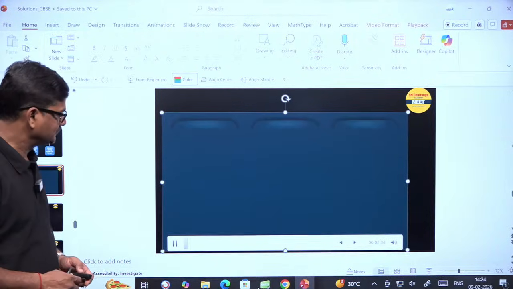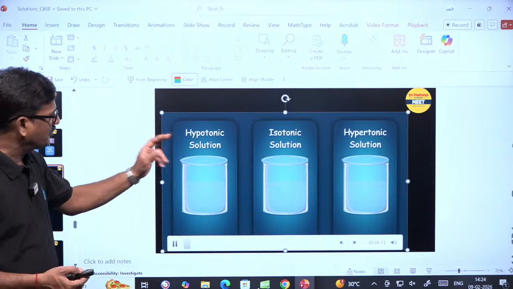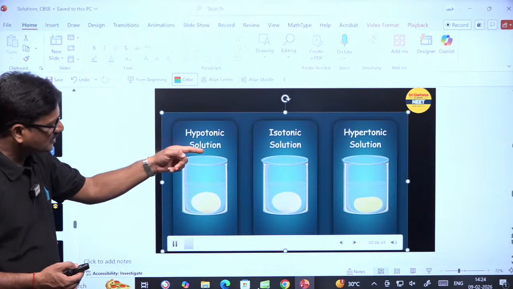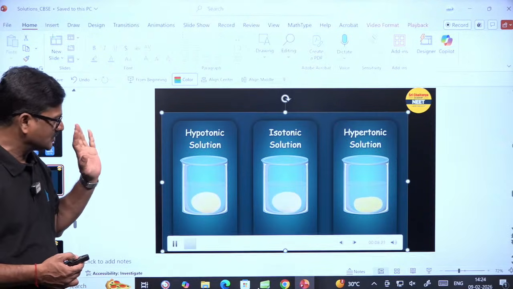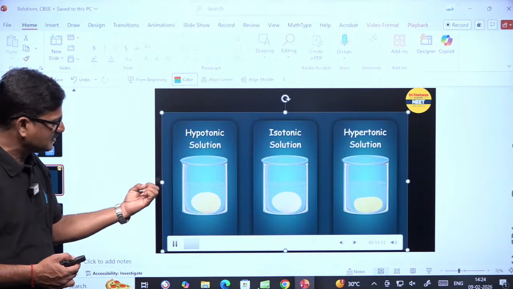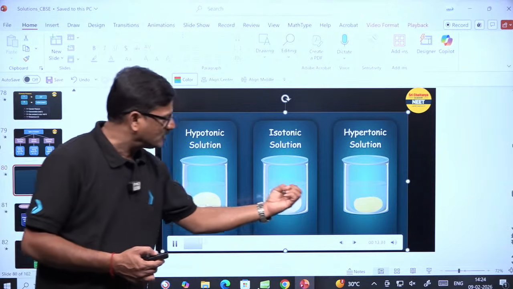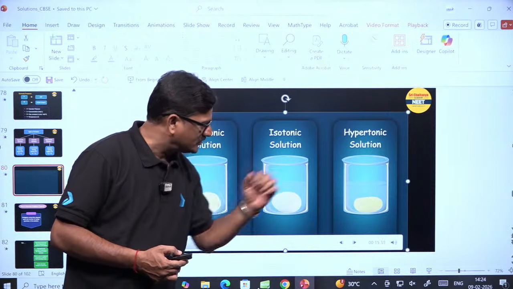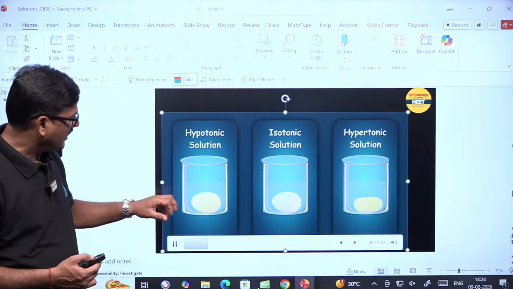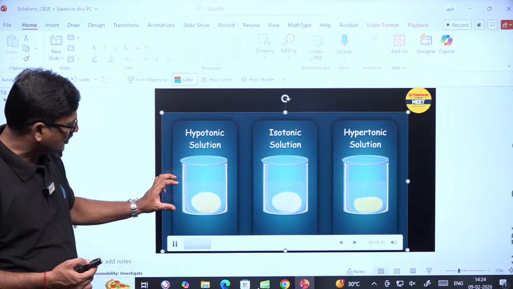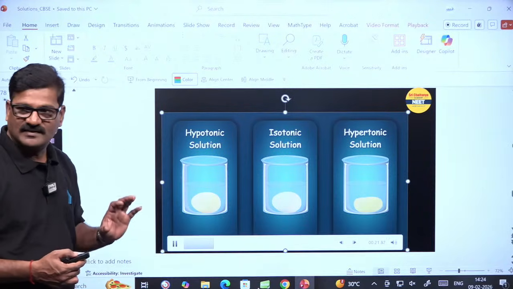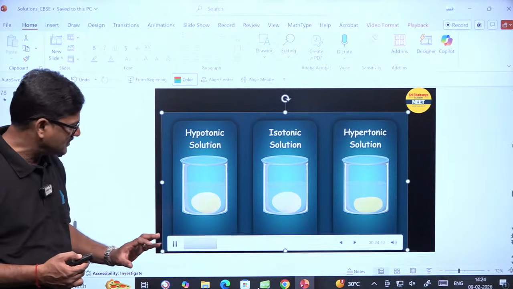You can see here: hypotonic solution, isotonic solution, hypertonic solution. When the cell is placed in the hypertonic solution, the cell is going to shrink, while in the hypotonic solution the cell is going to bulge. So like that you can see the various combinations of this, okay.